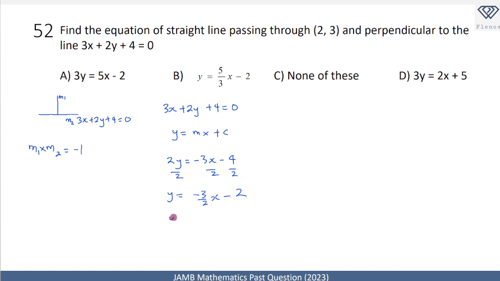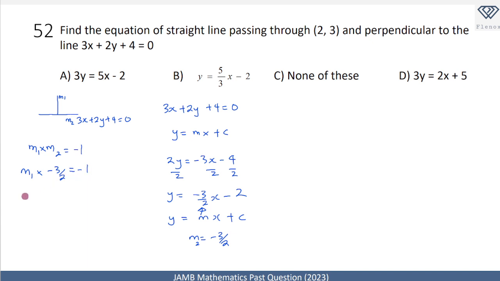Now we can compare that with y = mx + c, and we can see that the m in this case is -3/2, and that will be M2 in particular. So what will be M1, the slope of the first line? We know that M1 times M2 is -1, so M1 times -3/2 equals -1.